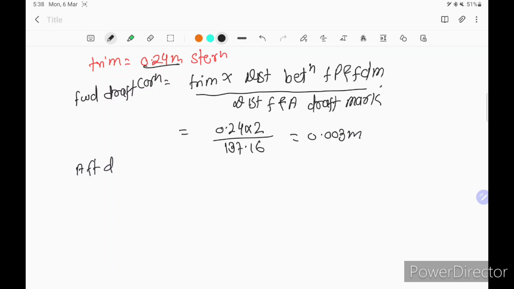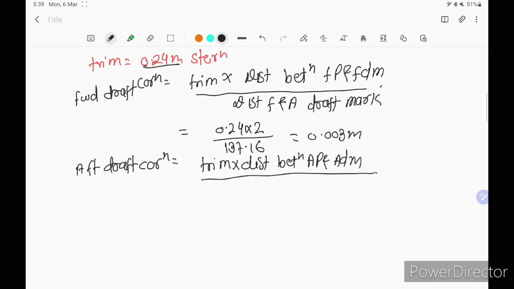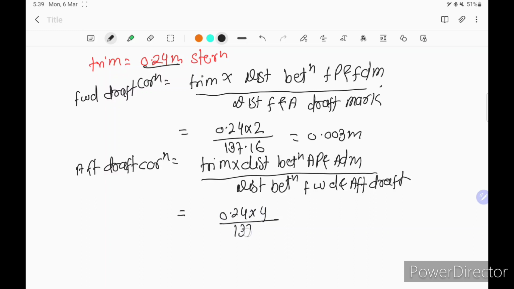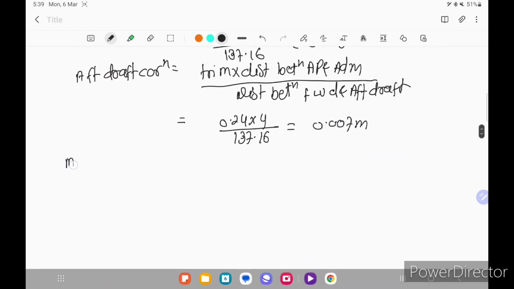Same for the aft draft correction: trim into the distance between the aft perpendicular and aft draft mark divided by the distance between forward and aft draft marks. So put the value in the formula, 0.24 into 4 divided by 137.16. You will get the value 0.007 meters. Same we calculate the mid draft correction.